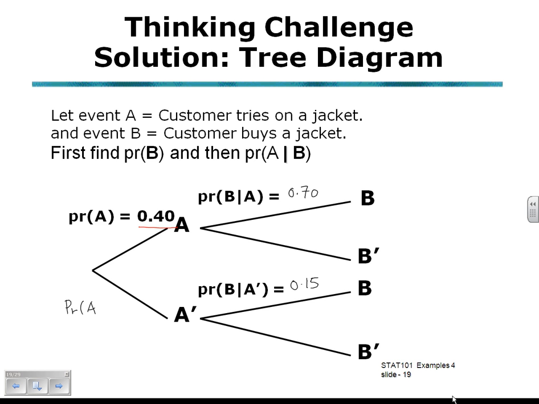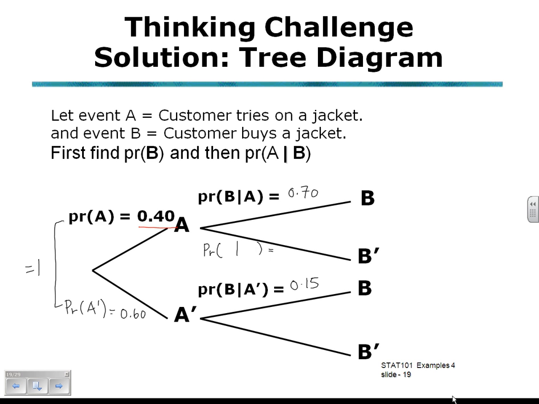This sort of question, a two-stage process, is a very good question for a tree diagram. For the two branches, the probabilities must always sum to 1. If we know the probability of A is 0.4, the probability of A complement must be 0.6.